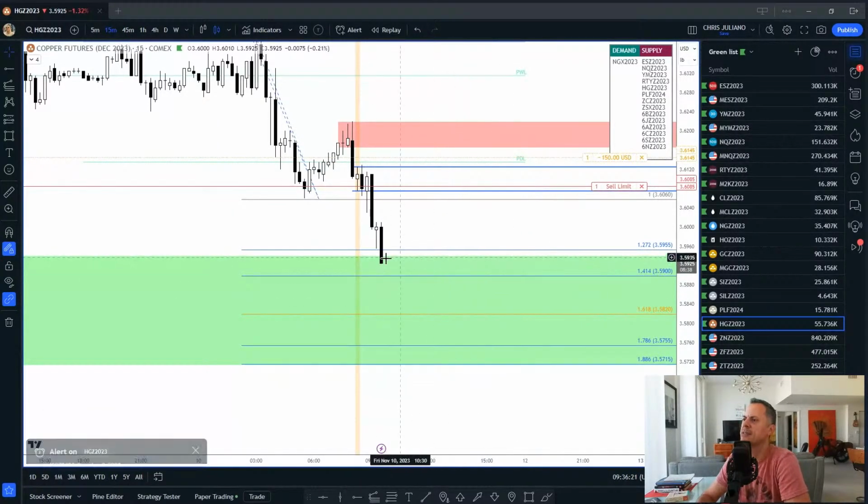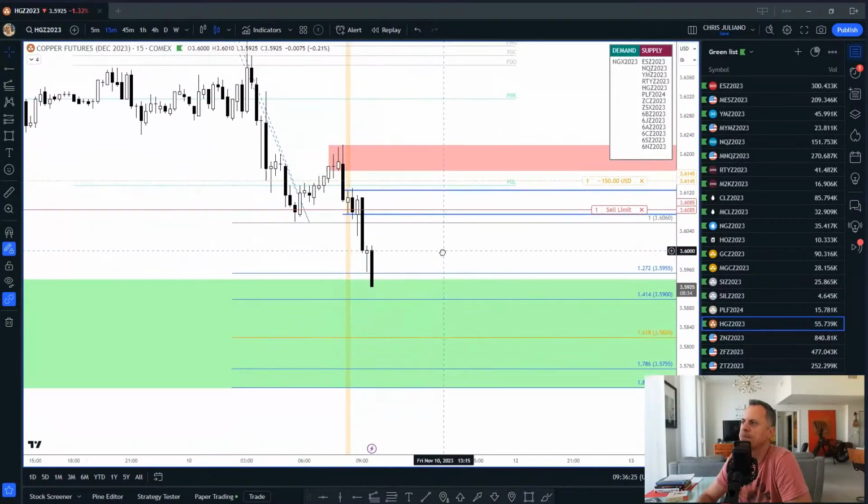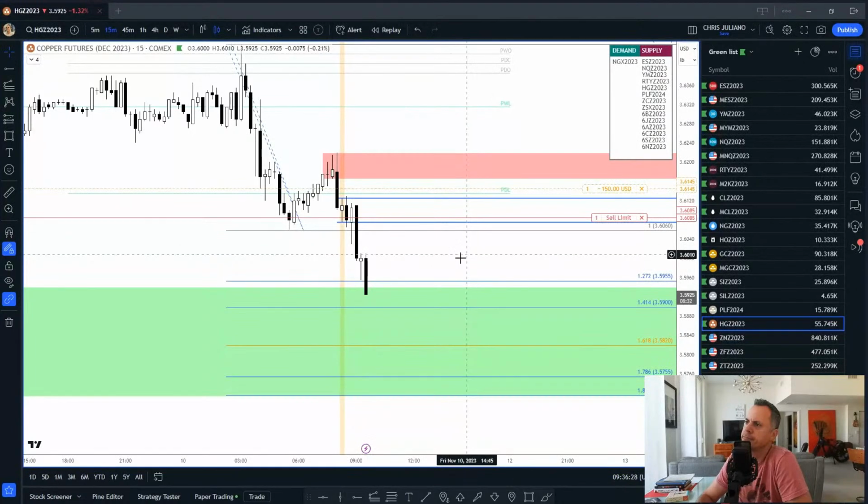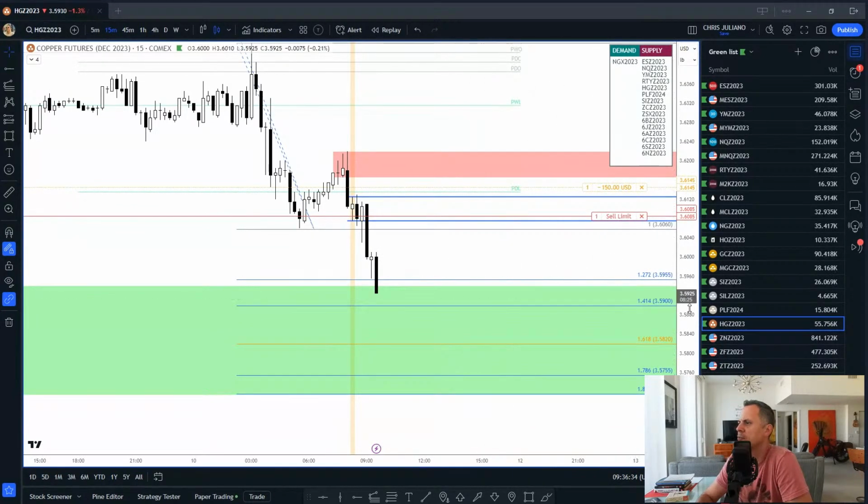Now we're coming into that high time frame demand zone, right? So this could push us back up into this area for another move down. But we took the money. We took the money that was on the table, and we put it right into the bank account.